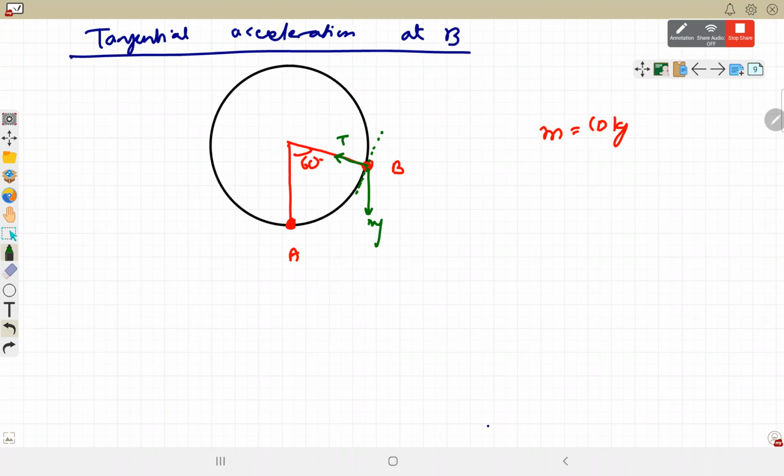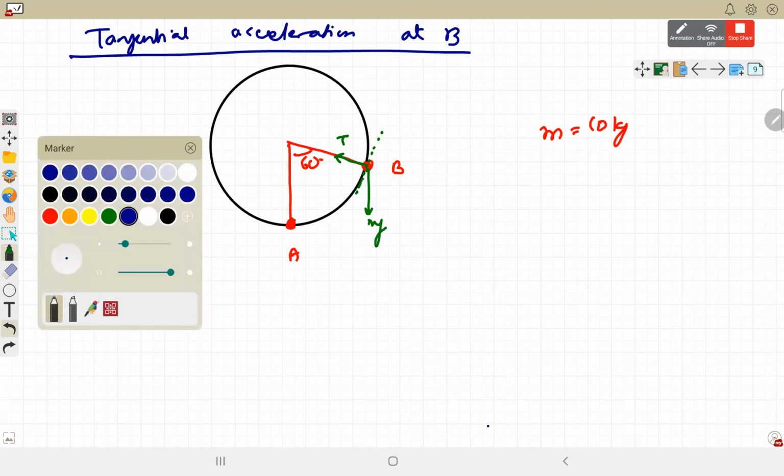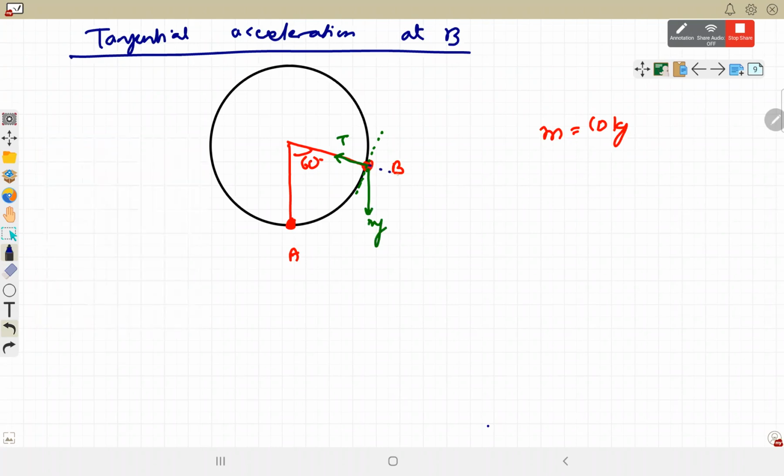So this is T, mg. These are the two forces. Their resultant towards the center provides the centripetal force. So T minus mg cos 60 provides centripetal force.